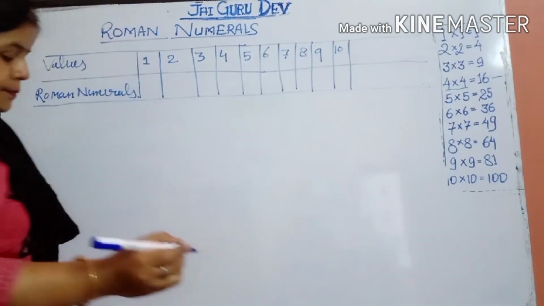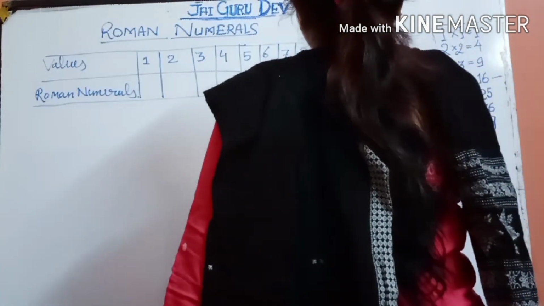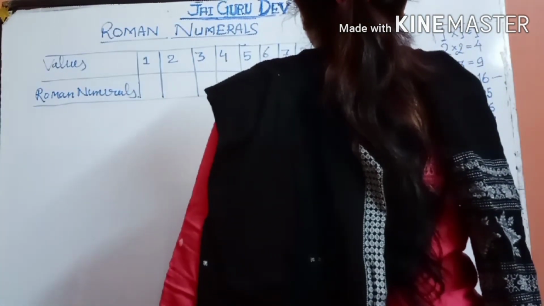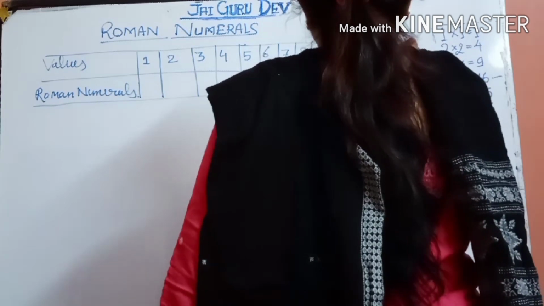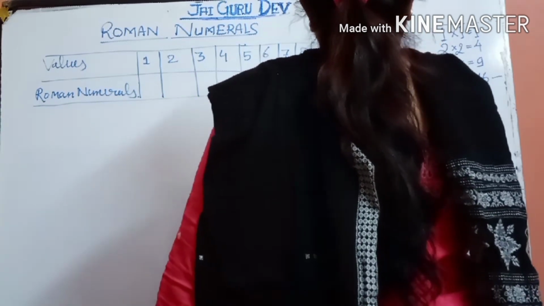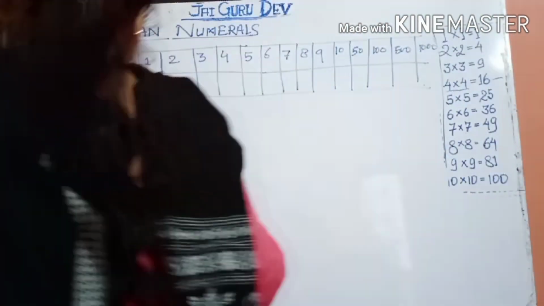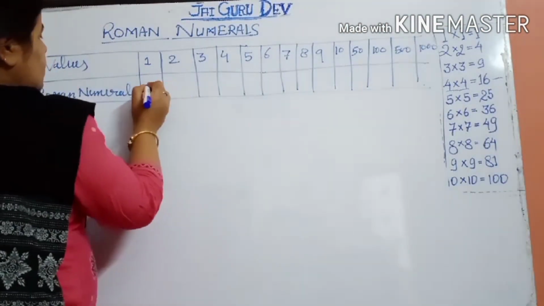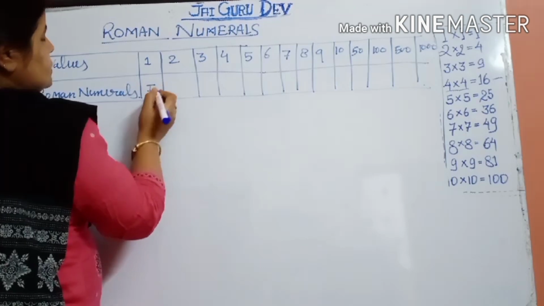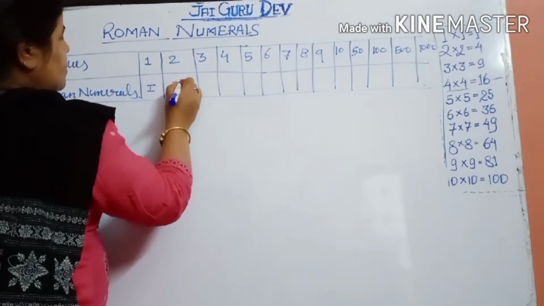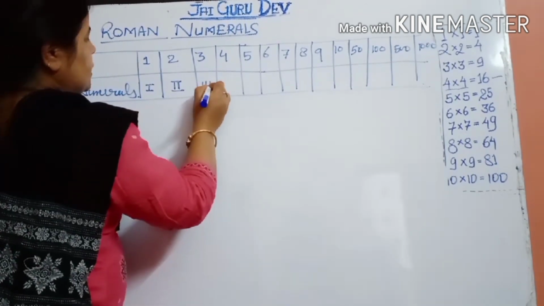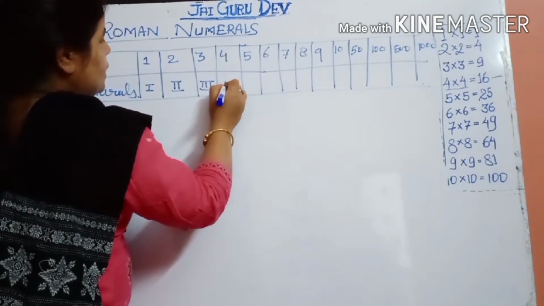Then 50, 100, 500 and 1000. For 1 we are using just I, then 2 times I, 3 times I. For 4, IV.